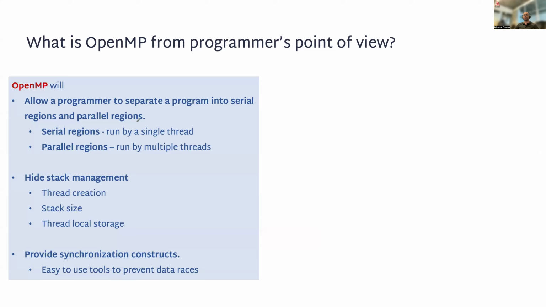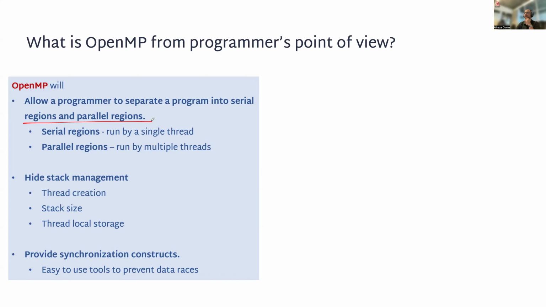Okay, let's see what OpenMP does provide and what it doesn't provide. The first thing it provides is that it allows programmers to separate a program into serial regions and parallel regions. This is very important because it allows you to gradually parallelize your code, which means you can start with a serial program and make it parallel step by step using OpenMP.